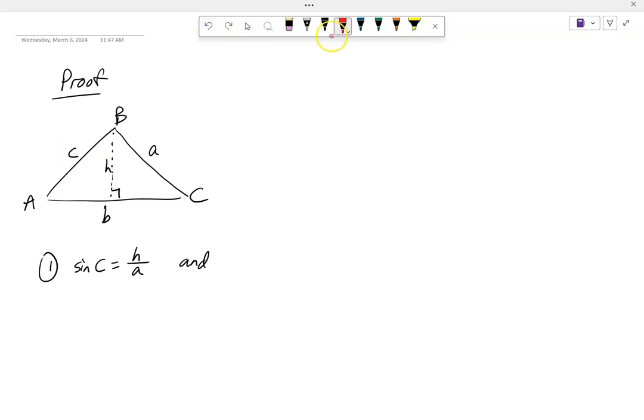Both of these I can solve for H. So let me multiply by A. I have H equals A sine of angle C.